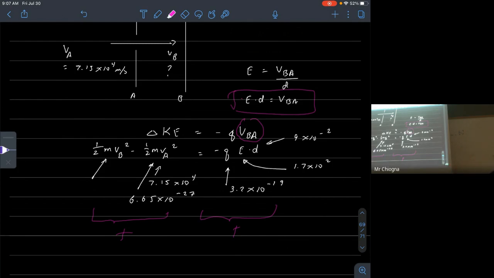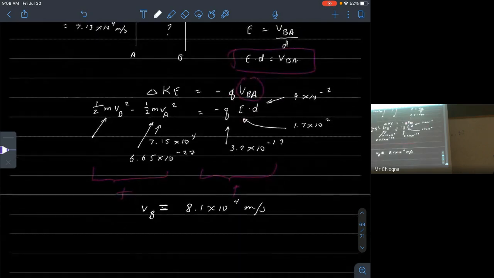Okay, the answer, your VB works out to be 8.11, 8.1. Yes, it's less than the speed of light, so that's fine. 11 is an electron.